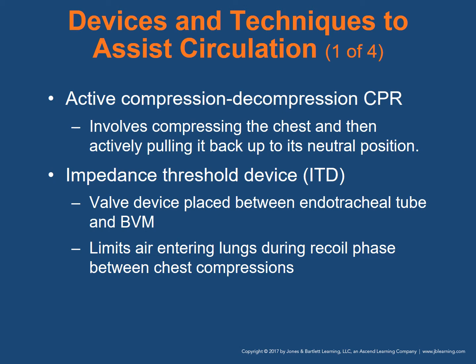So if we have some sort of device that limits the amount of air that stays in the lungs between compressions, that's only going to be more beneficial because it allows the heart to have more room, in a sense, to expand and fill with blood, so that on the next compression down, there's more blood to send out to the body or to circulate around the body.